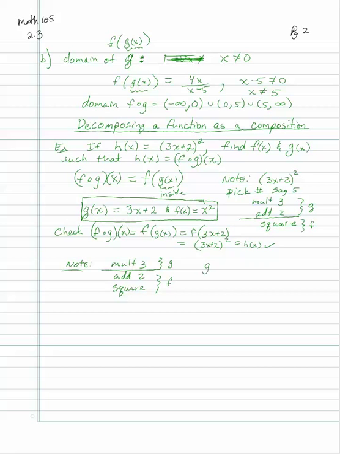So g of x would be, we're going to multiply x by 3, so that's 3x. And f of x could be, okay, you reset it to x. So we're going to take x, add 2 to it, and then square that quantity.